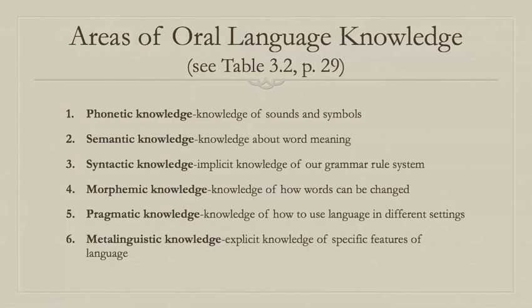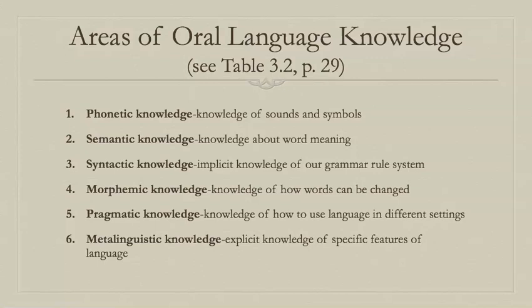So there's certain rules that you know, and that have an implicit guidance of where you are going to put the noun versus the verb versus the article in a sentence, right?